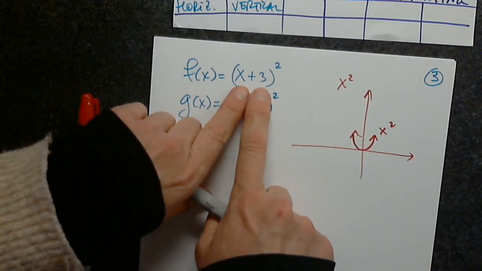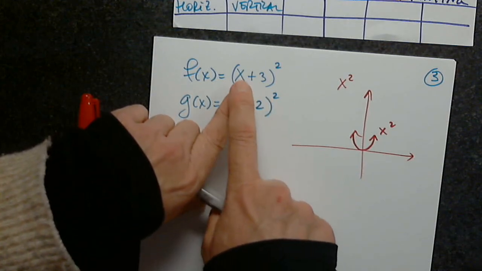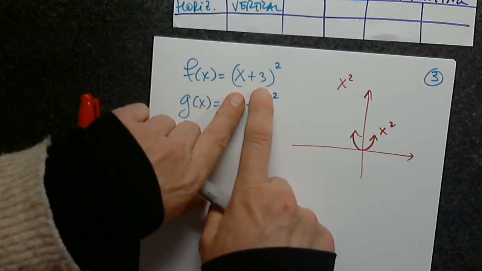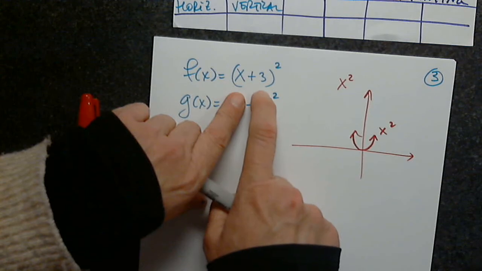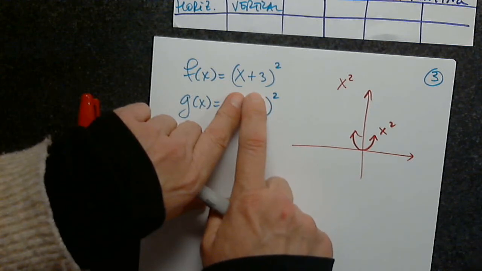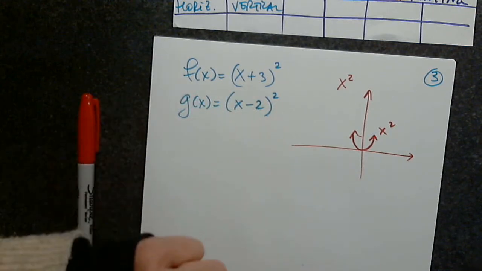Now I would like to identify what this transformation does to x squared. Where will the x-intercept be for this function? If I put 3, 3 plus 3 is 6, and 6 squared is 36. Is 3 comma 36 an x-intercept? So 3 is not the one. It shifts to the left, so at x equals negative 3.